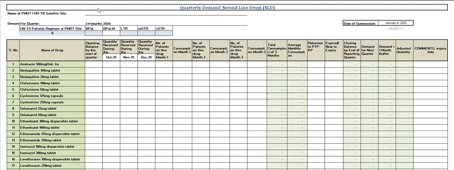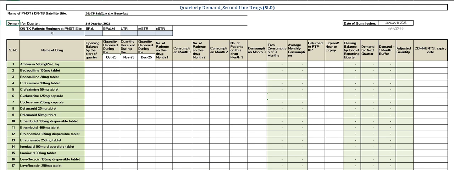So first of all, we have to enter the name of this PMDT site or DRTB satellite site. So, for example, we are going to enter the name of DRTB satellite site Bansera.